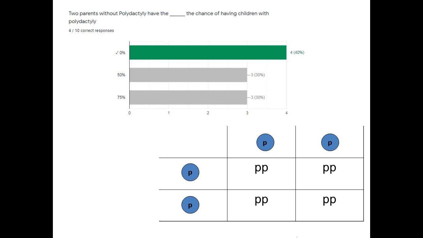Otherwise, you will have the polydactyly, because it's dominant. So if you have just one of the alleles, you will have the disease. So these parents have 0% chance to have a child with polydactyly, because none of them is carrying the gene, because none of them has the disease, polydactyly.